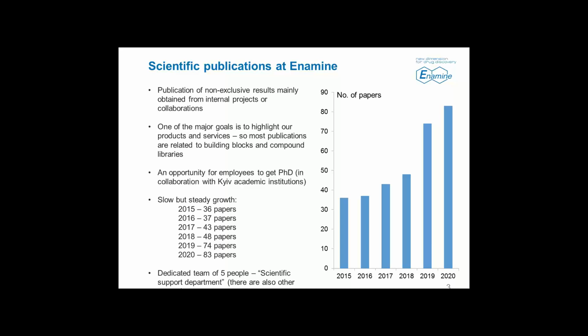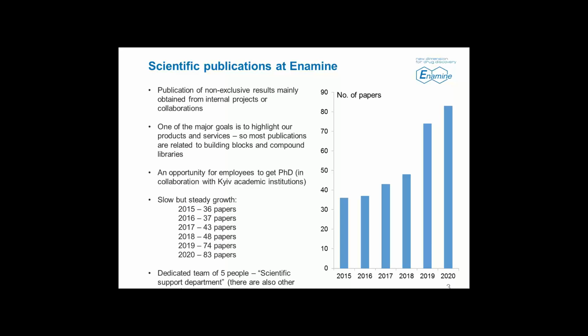So most of these publications which are related to non-exclusive products are described as either building blocks, most of them, or compound libraries, some parallel chemistry, some virtual libraries, etc. It is also a good opportunity for our employees to get a PhD.